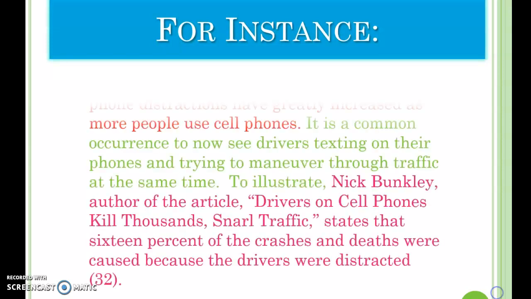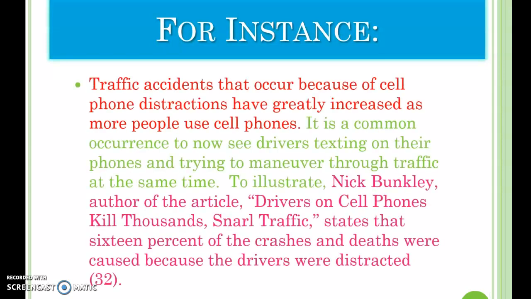Here's an example. You'll see that here's a passage that has a red section, a green section, and a purple section. So what we have again is a topic sentence, an explanation, and then a paraphrase. I'm going to read through this.